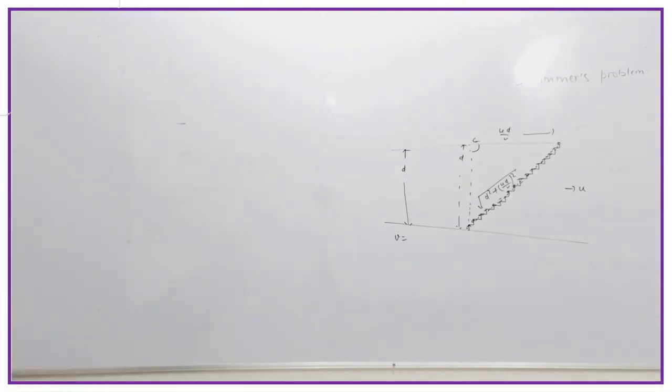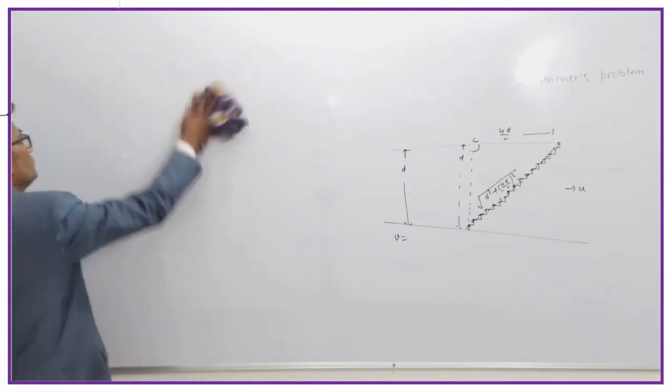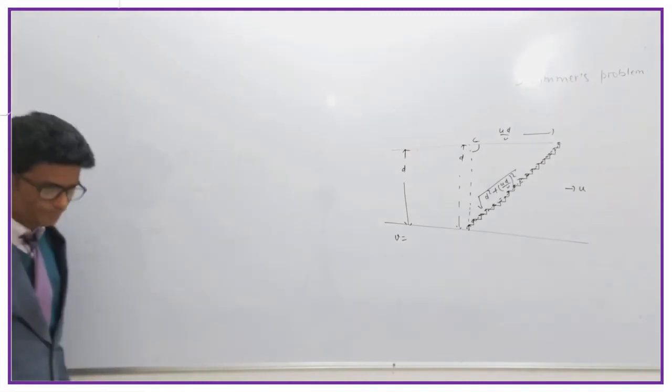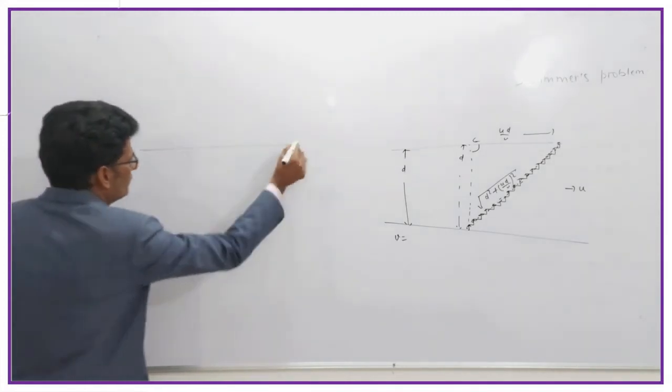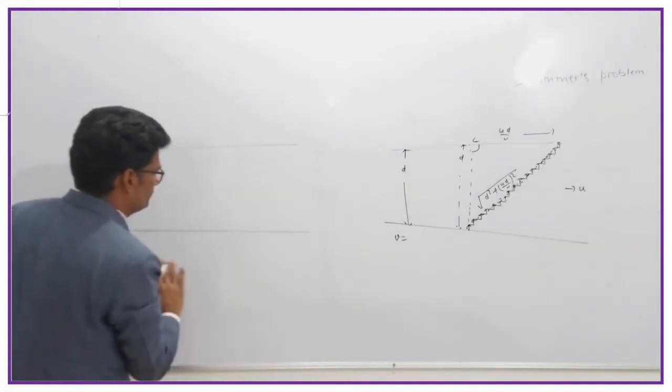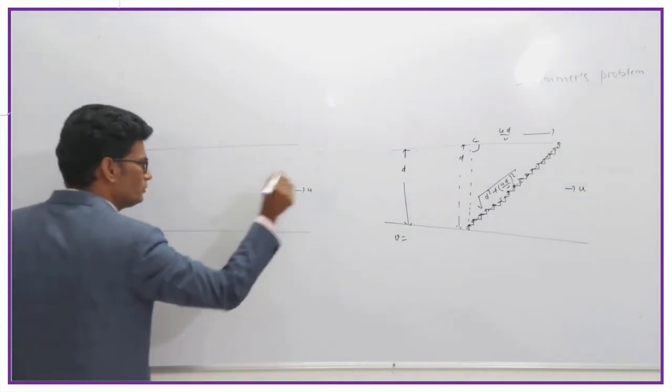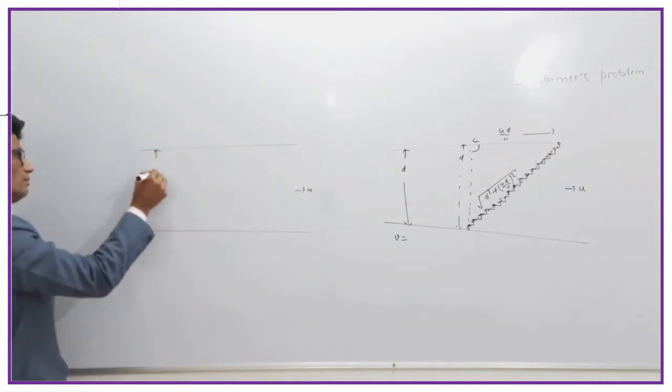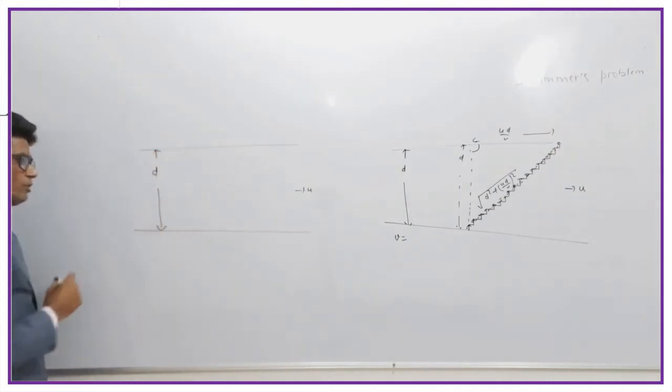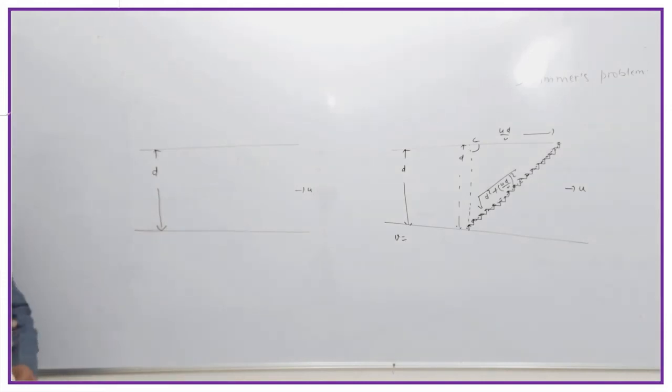Now the second problem. Look at the second problem. Here is the river. Water flows with speed u. The width is d, supposed to be constant throughout, as long as this river exists.